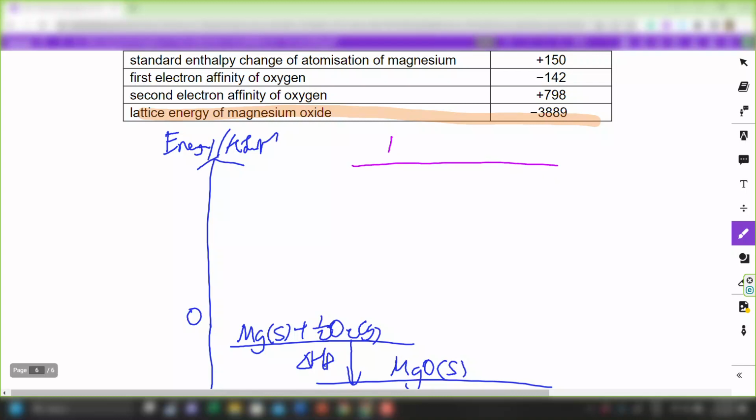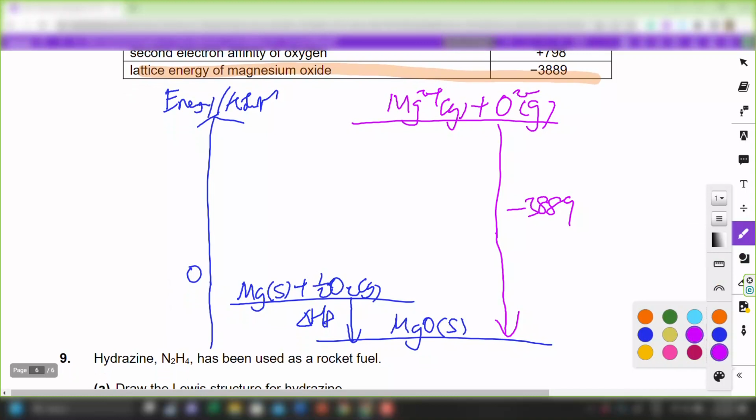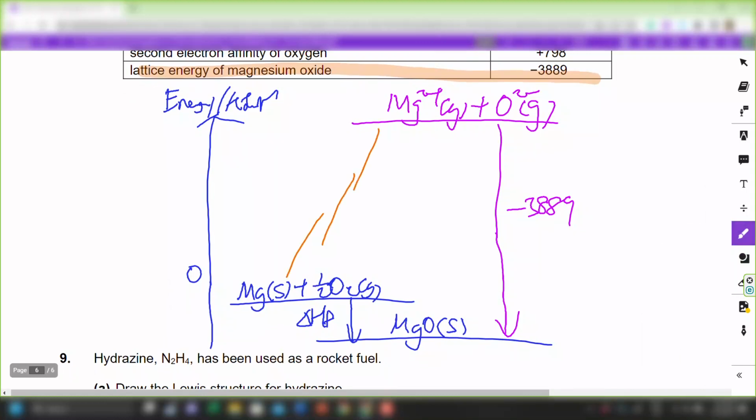And then Mg2+ gaseous plus O2- gaseous. So you go all the way down, and this is minus 3889. So to put it in the simplest way, your job is to move all the way here.